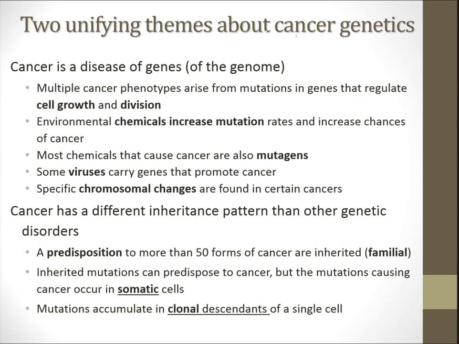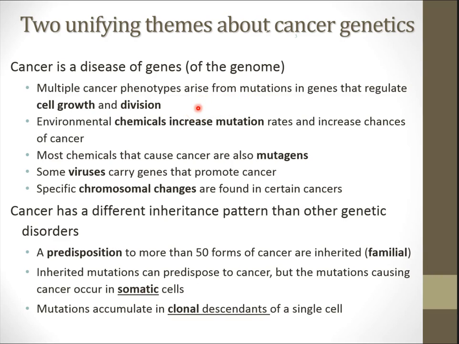Two unifying things about cancer genetics: first, cancer is a disease of the genome, and secondly, cancer has a different inheritance pattern than that of other genetic disorders. Concerning the disease of genes, basically, multiple cancer phenotypes arise from mutations in genes that regulate cell growth and division.